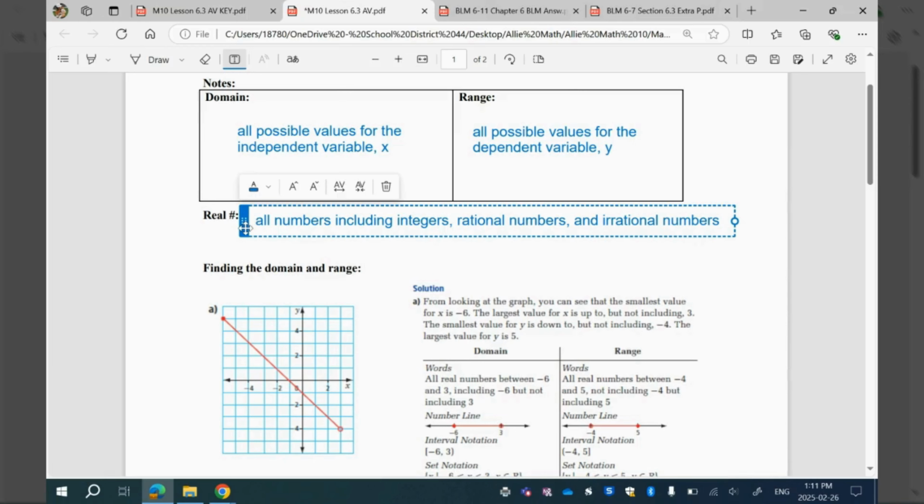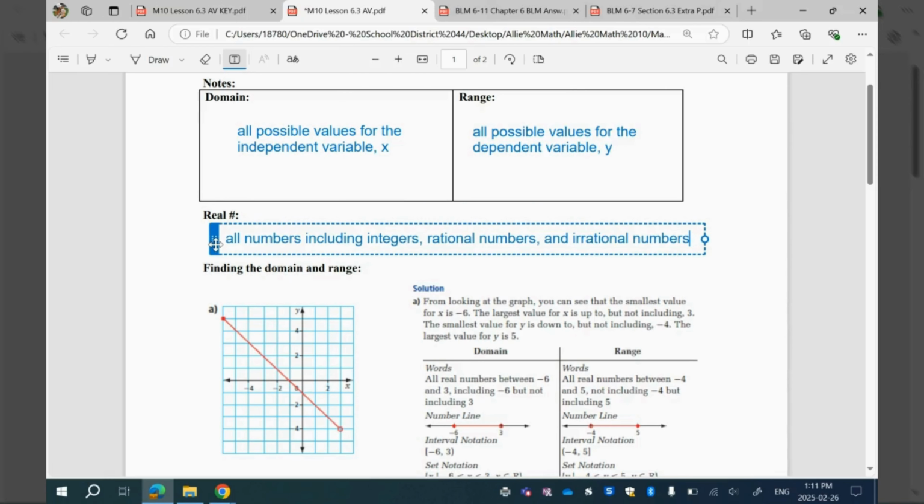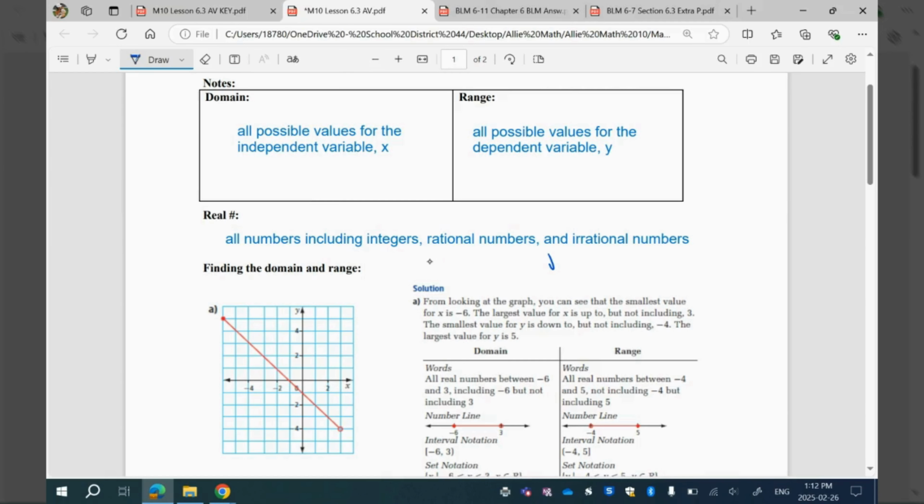All of the numbers we're dealing with in Math 10 are real numbers. So this might seem a little irrelevant, but here we are. Integers are our positive and negative counting numbers. Whole numbers are positive counting numbers. And basically not imaginary numbers, something like the square root of negative 25, not something like that.